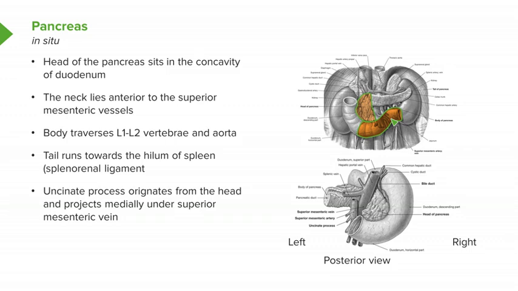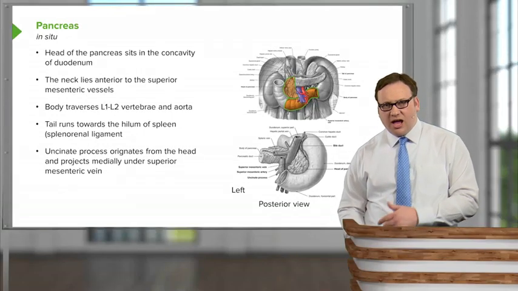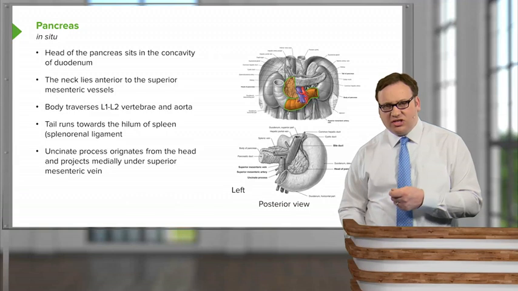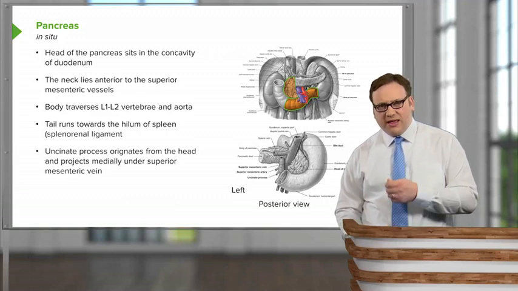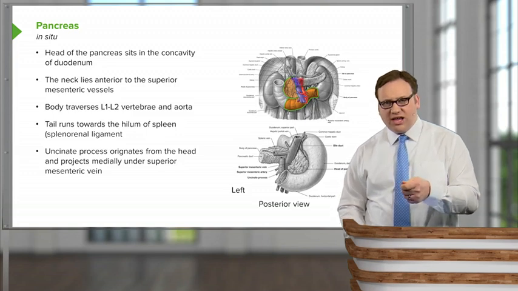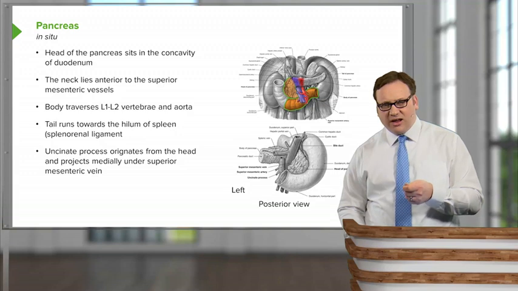Now, importantly, these two blood vessels, the superior mesenteric blood vessels, are lying anterior to the uncinate process and to the horizontal part of the duodenum. But then both of them run posterior to the neck of the pancreas.